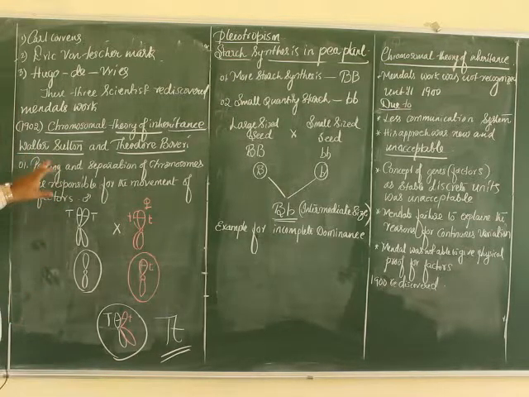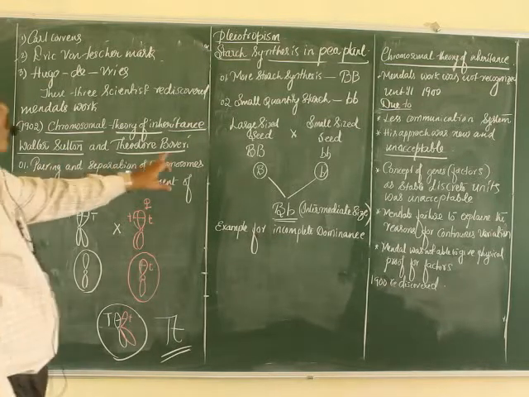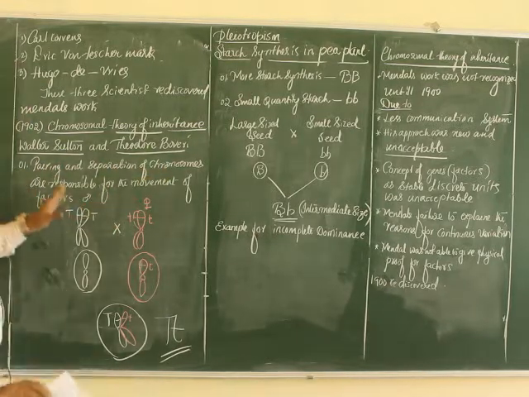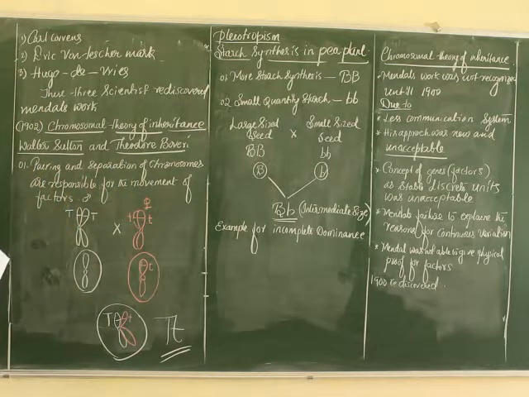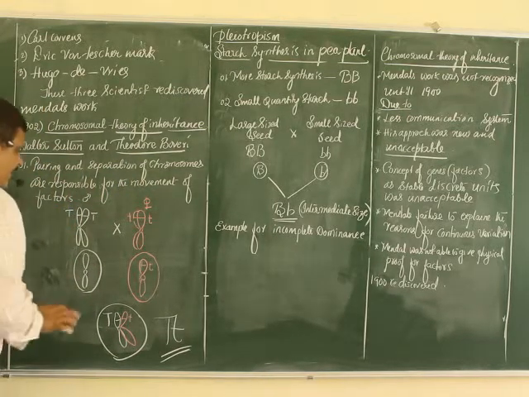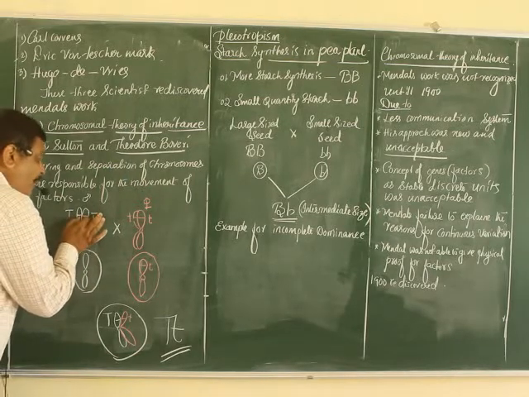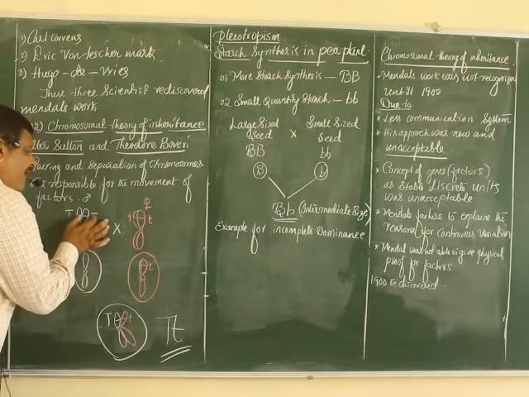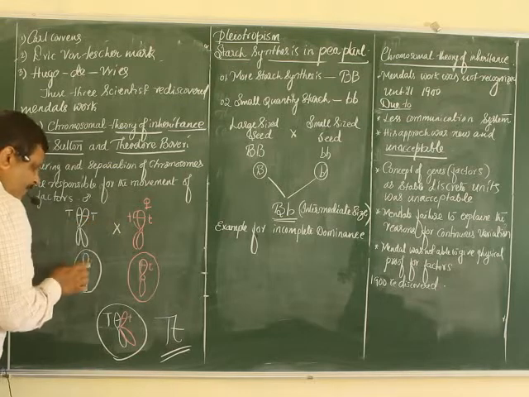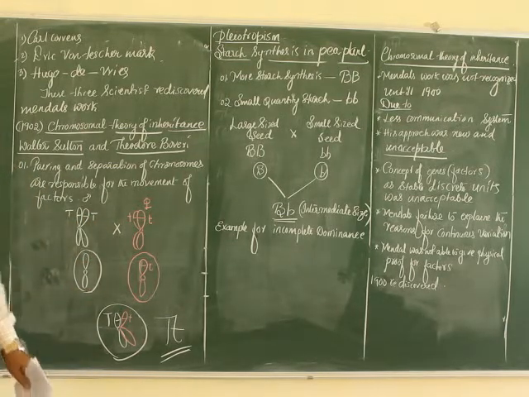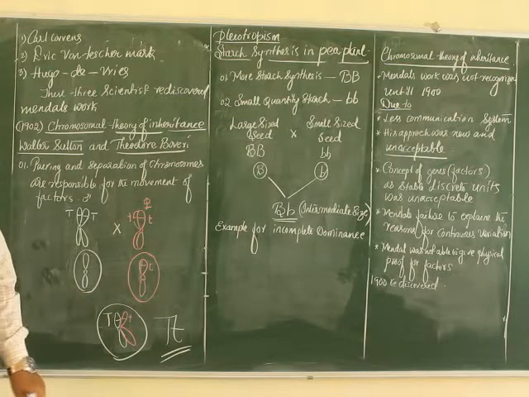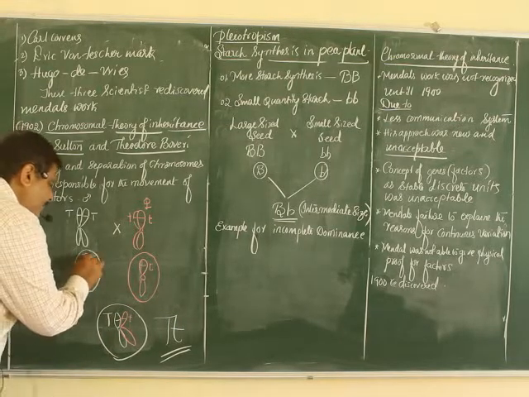What did they tell? Pairing and separation of chromosomes are responsible for the movement of the factors. Look here. Here, the chromatids are together, so factors are also together. Here, the chromatid is separate in the gamete, so only one factor is there.